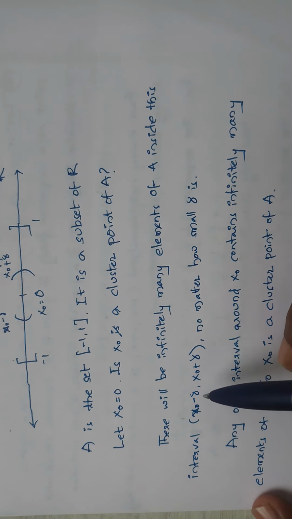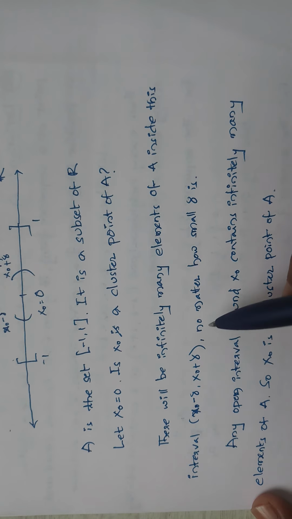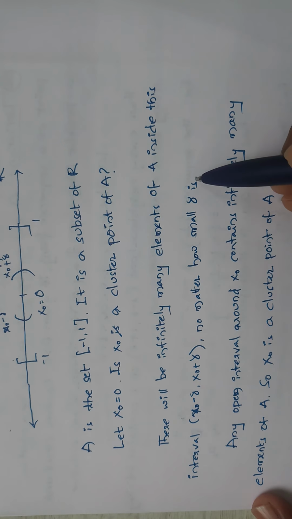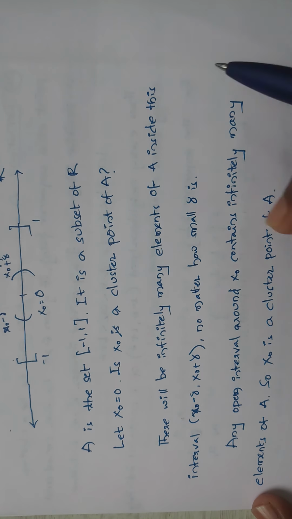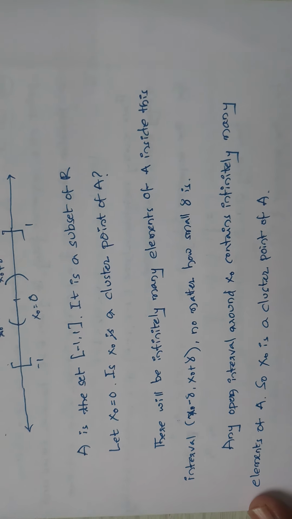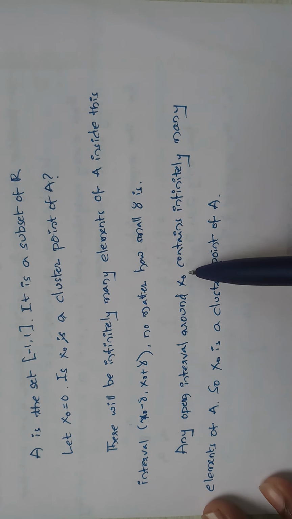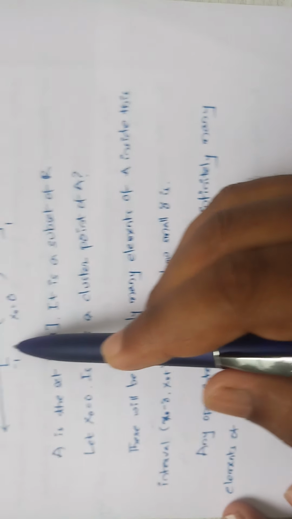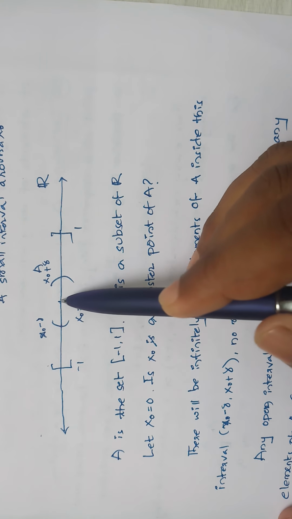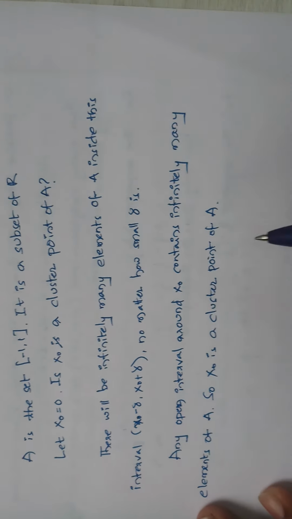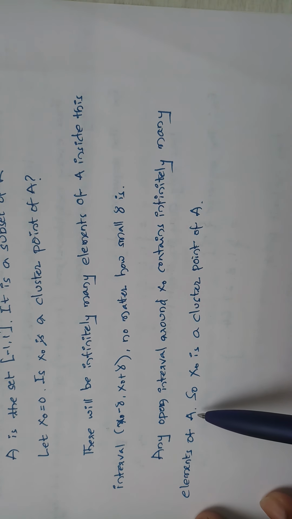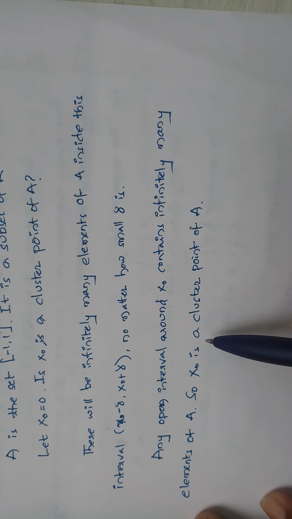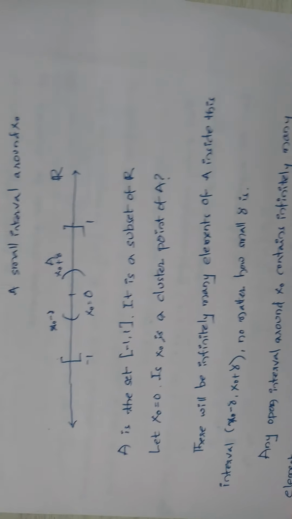No matter how small delta is, however small, any open interval around this point x naught contains infinitely many elements of A. So x naught is called a cluster point of the set A.